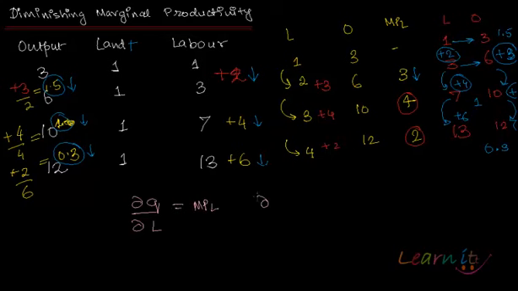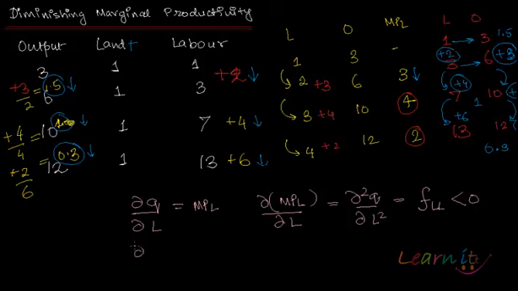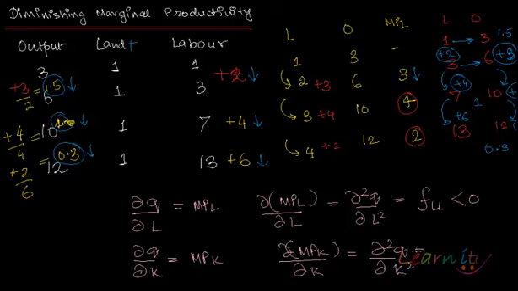In general, if you differentiate this MPL again with respect to labor, you get del 2Q by del L2, which is FLL, and this would be less than 0. Similarly for capital, this is MPK, and del MPK by del K is del 2Q by del K2, which is FKK, which is less than 0.